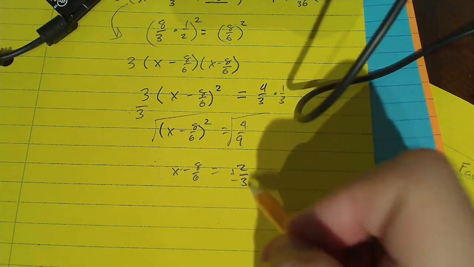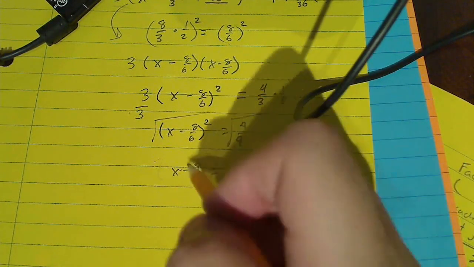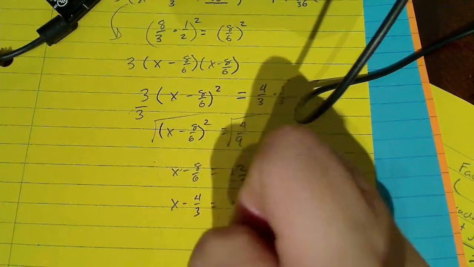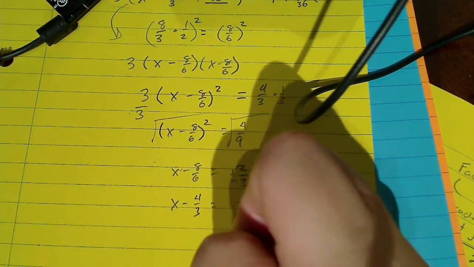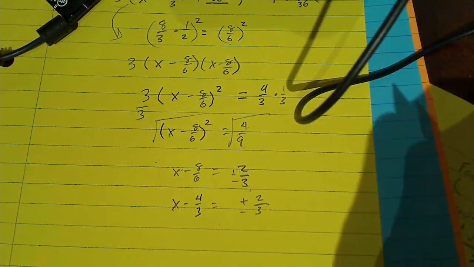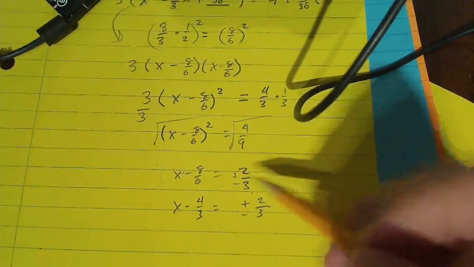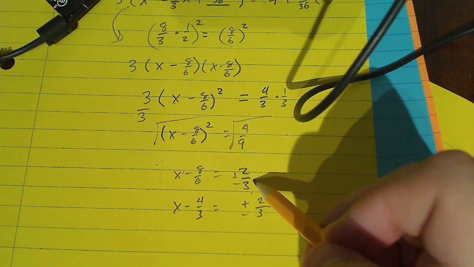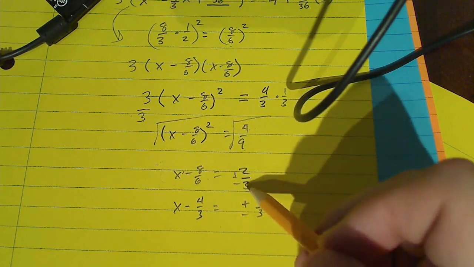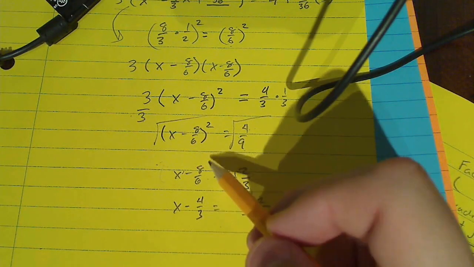At this point, because I see this 3 sitting here, I'm going to go ahead and reduce this down to 4/3, because I know I'm about to use a denominator of 3, which makes it simpler to add and subtract. That's the reason why I say wait until the end, because once you see what your answer is, if this had been a 6 denominator, I would have wanted to use 8/6, but since I see a 3 denominator, I'm going to change this to 4/3.